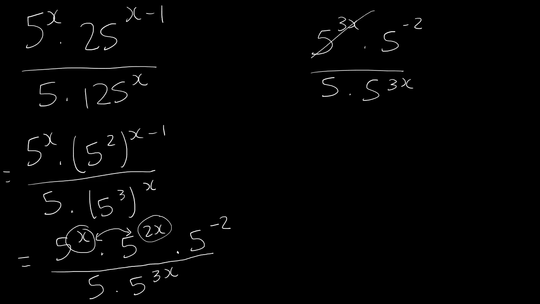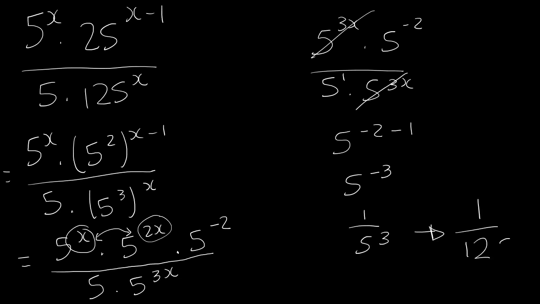So these two can cancel off. Remember this is an imaginary 1, so we have 5 to the minus 2 minus 1, and this would be 5 to the minus 3. We know this to be 1 over 5 to the 3, and my final answer will be 1 over 125.